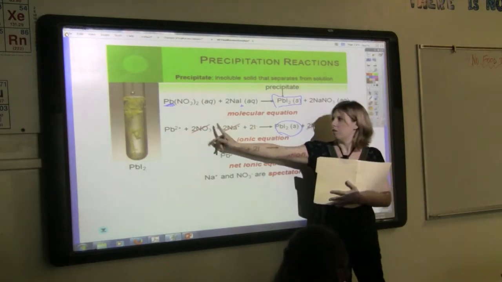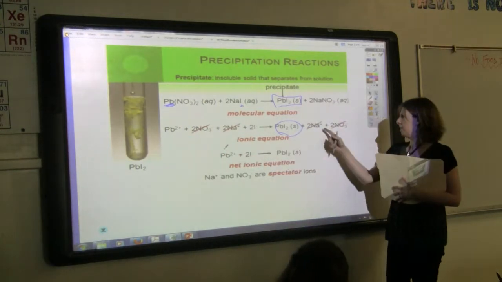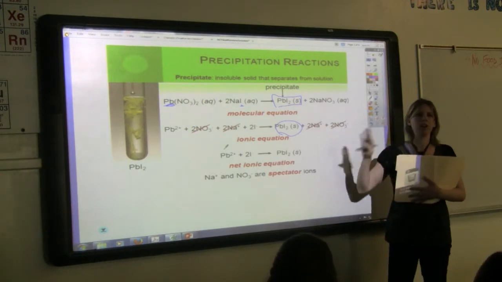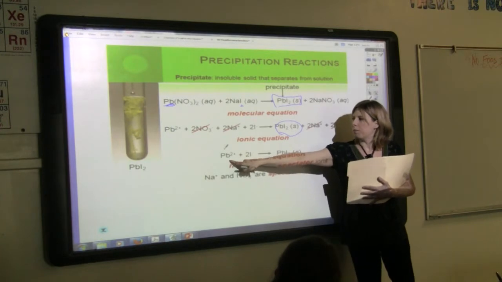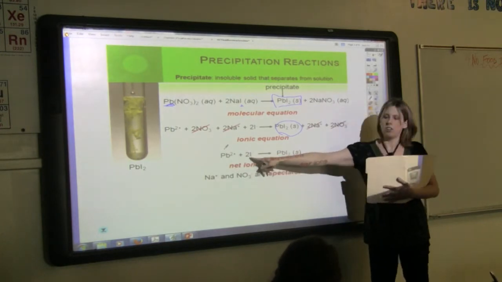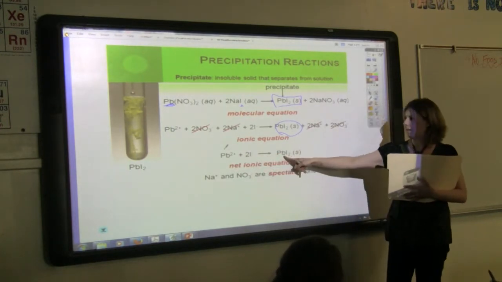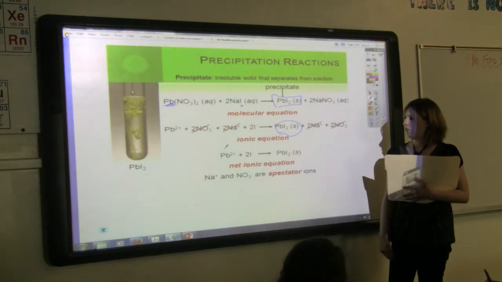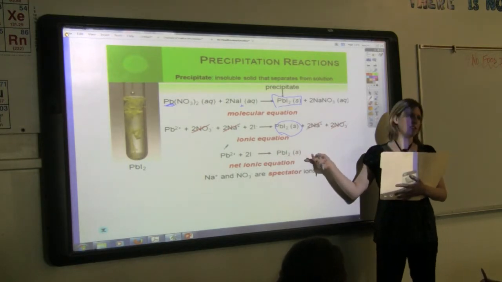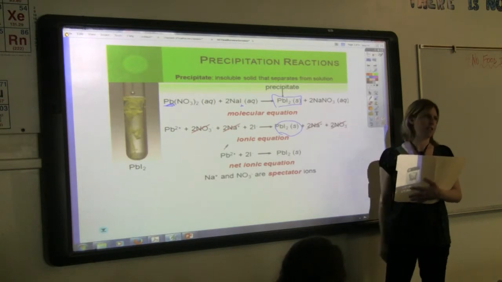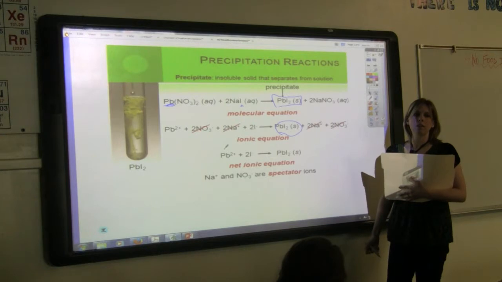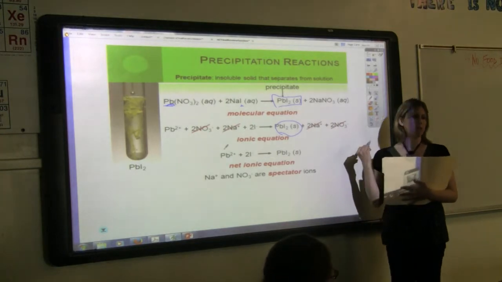So sodium, nitrate, none of those were involved in making it. We cross them out. So we're left with Pb2+, 2I-, and that gives us PbI2 solid. So that is the net ionic equation. And the spectator ions are the ones you crossed out that weren't involved in making the solid. Any questions?